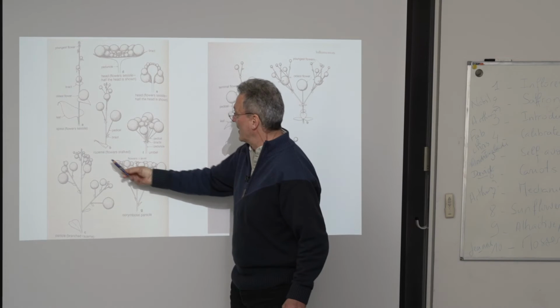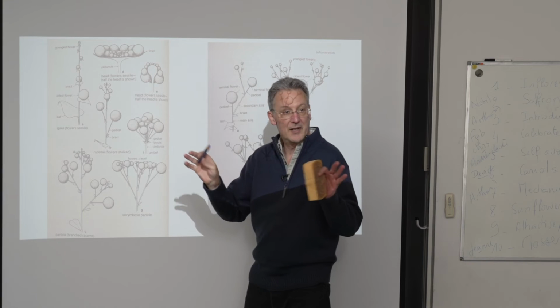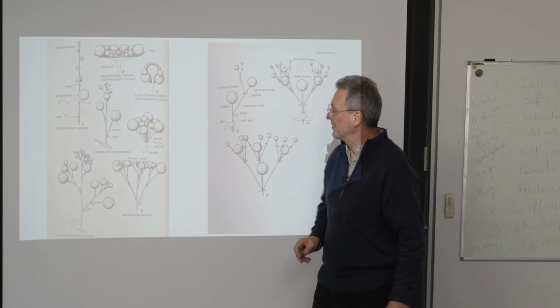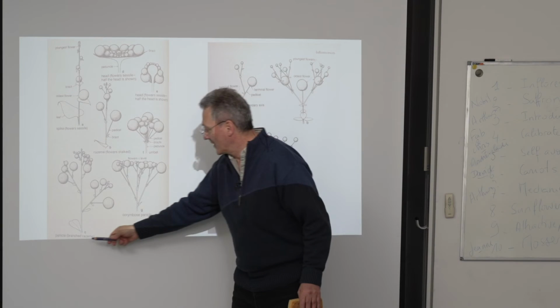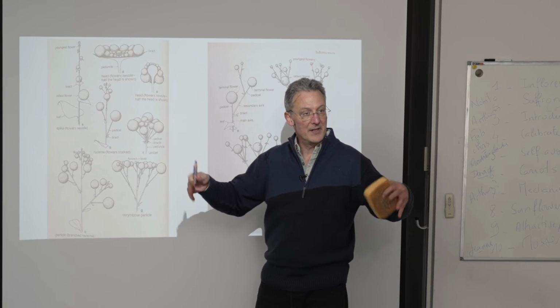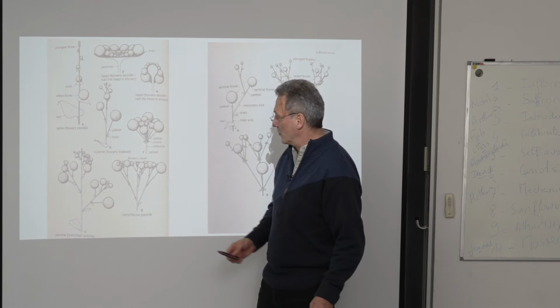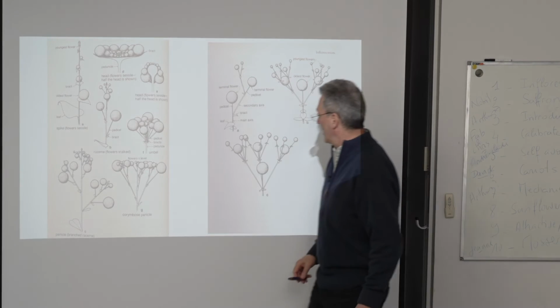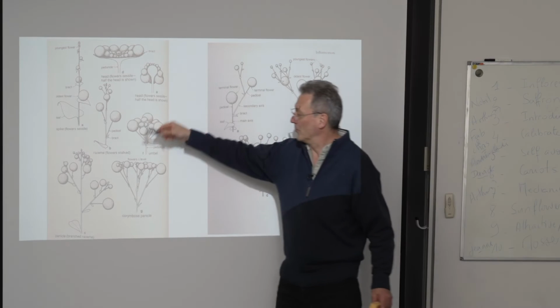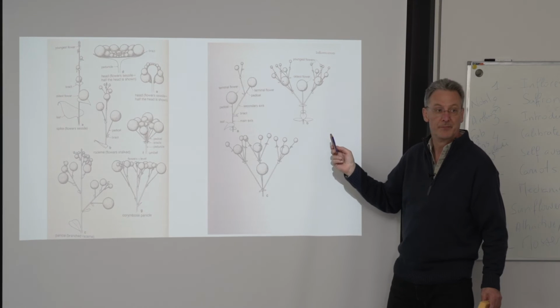You have raceme, which is a development of lateral flowers but with less and less big structures. You have panicle, where you have lateral branches that themselves give birth to other branches with a main leader. And here, these are all monopodial and these are sympodial.